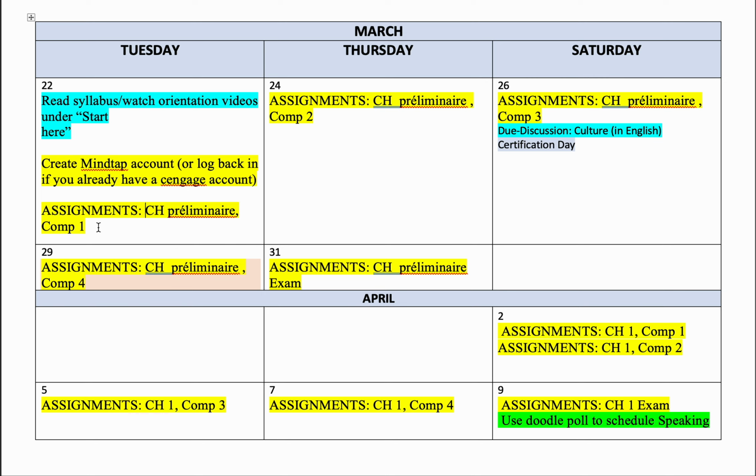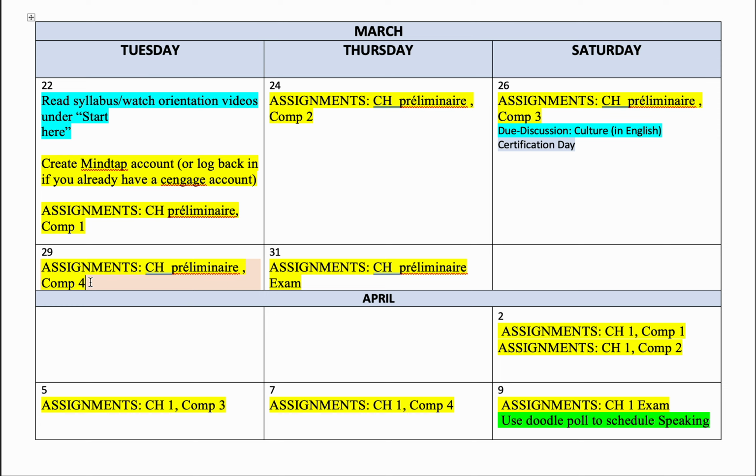Each chapter on our textbook is divided into 4 competences. Competence 1, you see Tuesday. Competence 2, that's Thursday. Competence 3, that's Saturday. And competence 4, that's Tuesday. So each chapter is divided into 4 lessons.